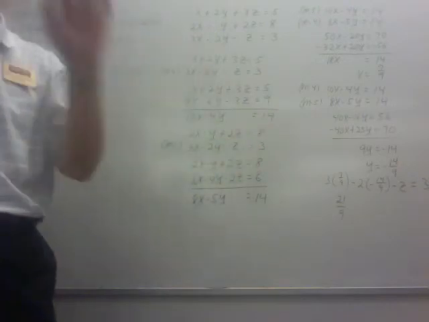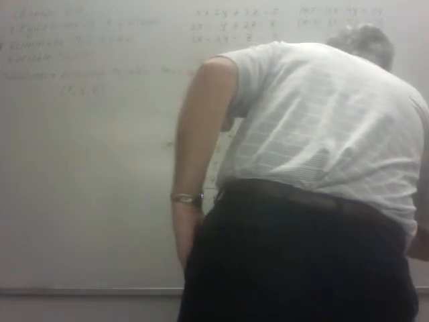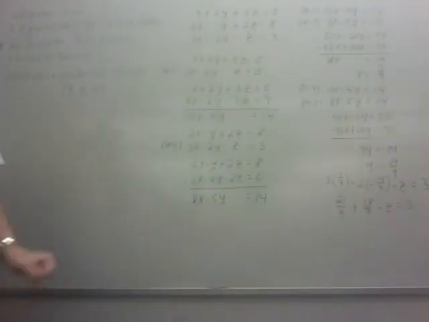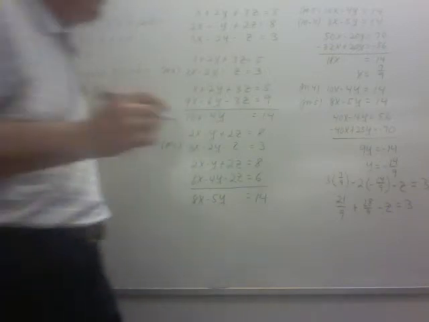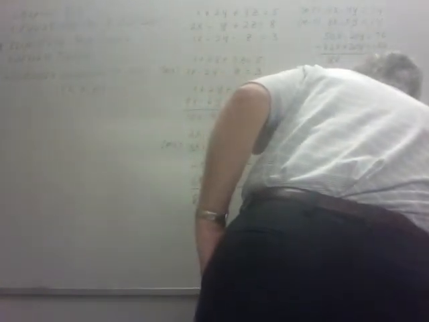Yeah, but I don't want to. I want to keep the same denominators. Negative 2 times negative 14/9 gives me a positive 28/9 minus z is going to be equal to 3. 21 plus 28 is going to give me 49/9. So I've got 49/9 minus z is going to be equal to 3.